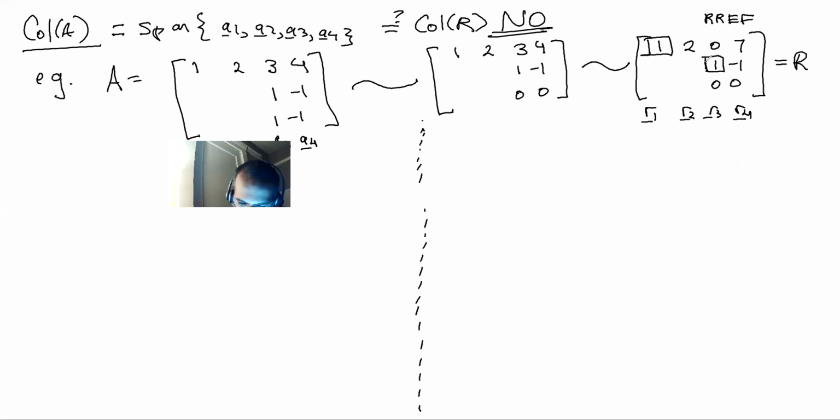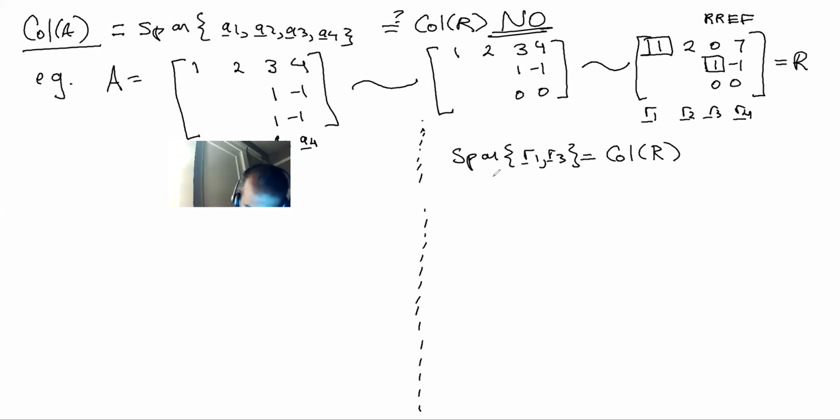And now I have that the span of R1 and R3 is equal to the column space of R. Why is that? Because those are the only pivot columns in R.